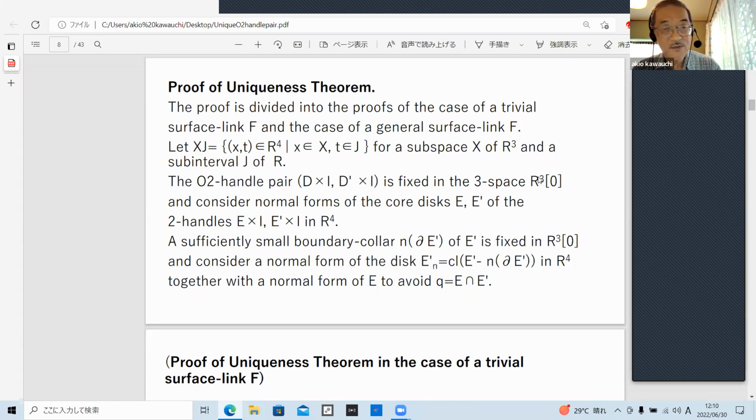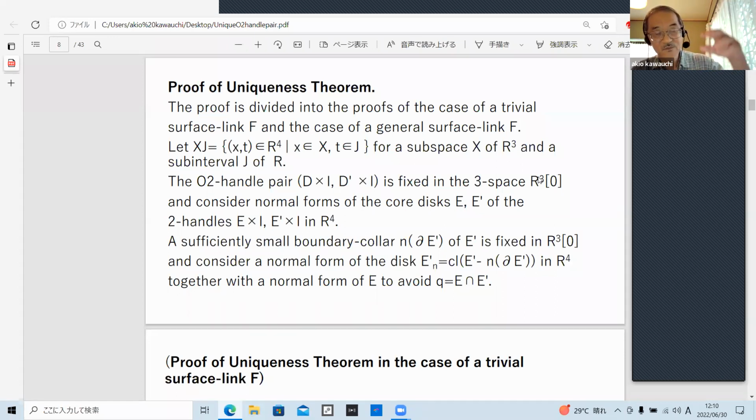One orthogonal pair is standard, considered as a standard orthogonal pair in 3-space, and the second orthogonal pair E×I, E'×I, such a pair of core disks, I consider in normal form.